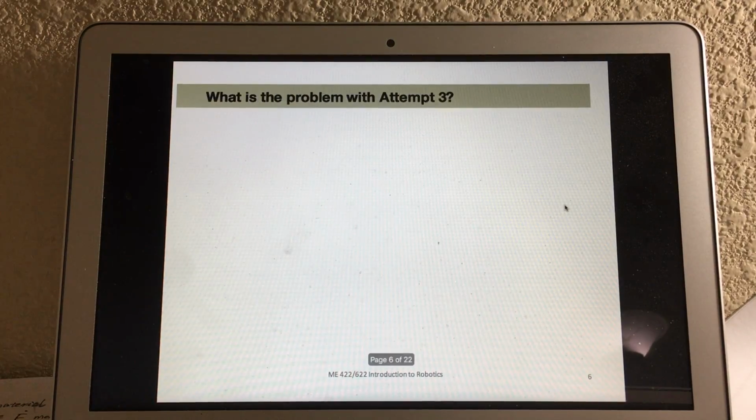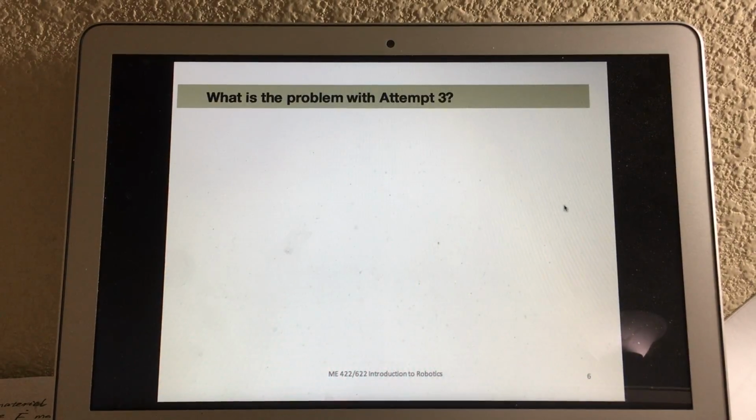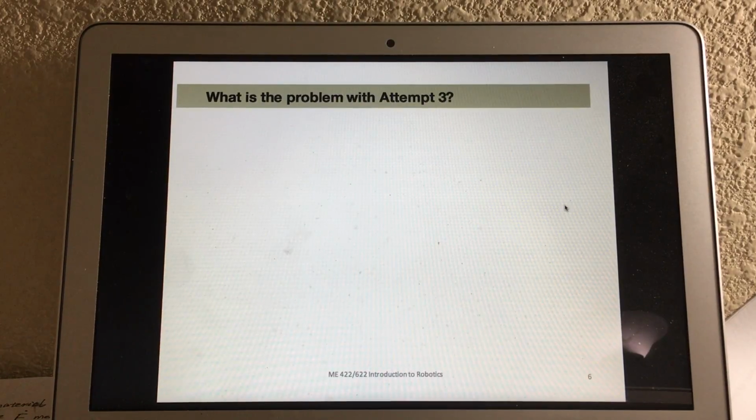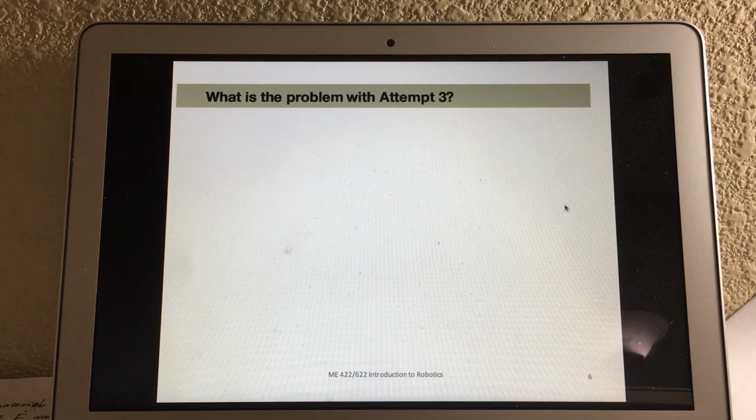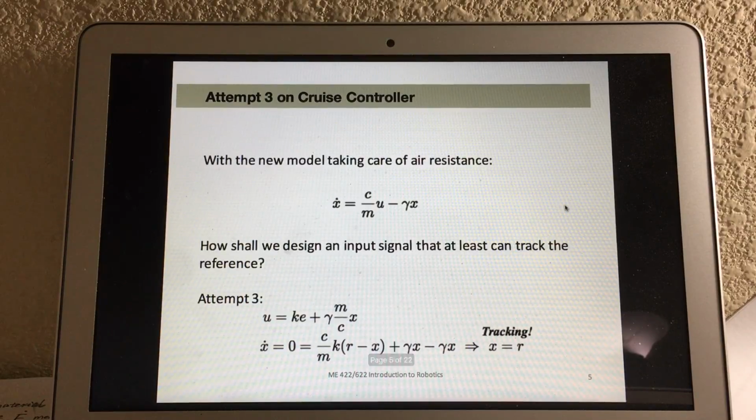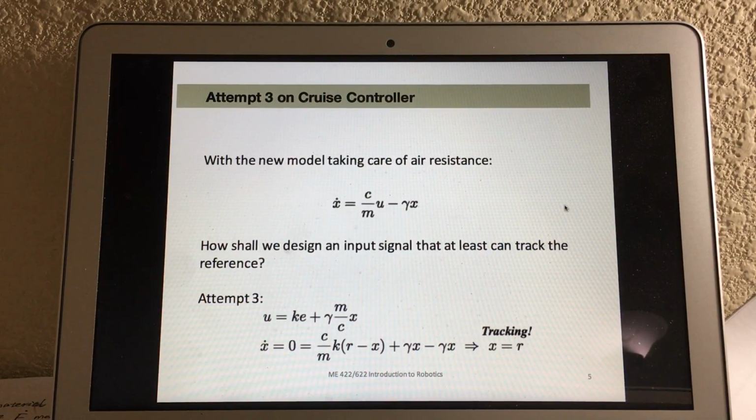Now, what is the problem with this attempt? Let's look at this attempt again. Our input will be k times e plus gamma times m divided by c, times x.